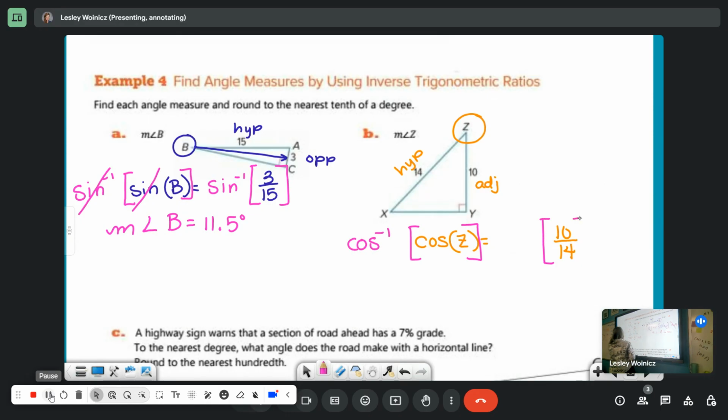So whatever we do to the left, we have to do to the right. Inverse cosine undoes cosine, leaving Z by itself. And that's what I put in the calculator. It takes this ratio and finds the angle that would give me that ratio.